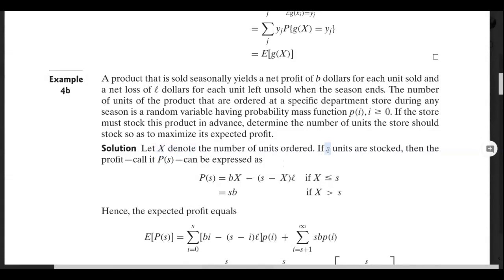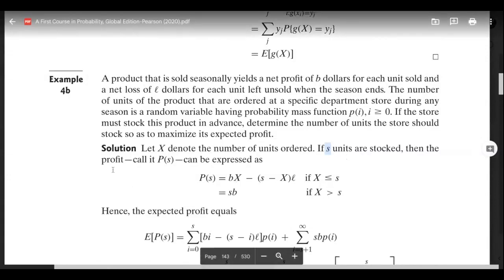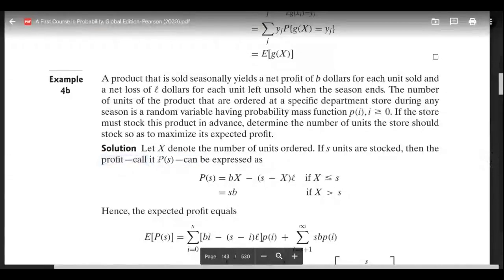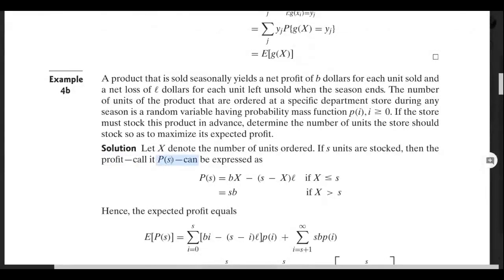If s units are stocked, where s represents units stocked, then the profit, call it P of s, is a function that can be expressed as b times the random variable.